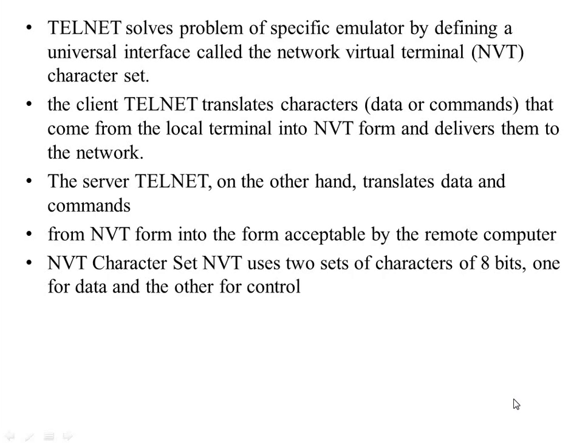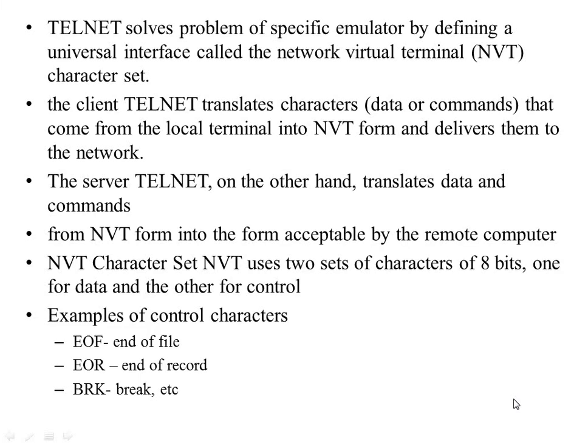We have already discussed this. NVT uses two sets of characters of 8 bits: the first one is for data and the second one is for control. For example, the control characters you will send include EOF, which indicates the end of file, EOR, which indicates the end of record, and BRK, which indicates a break.